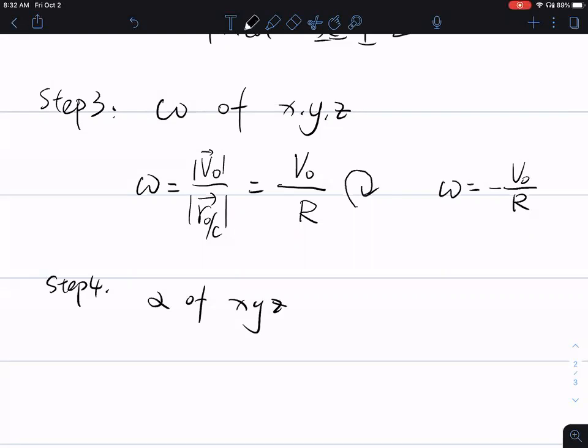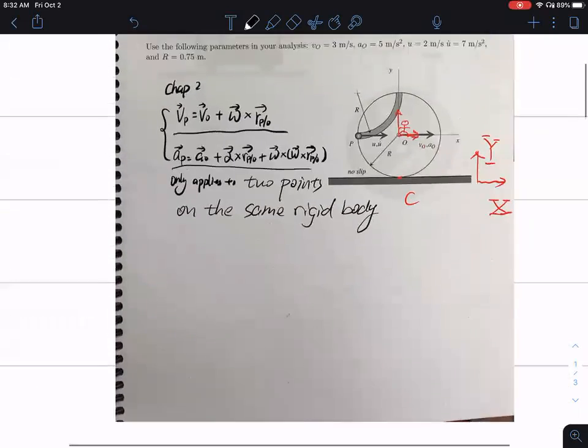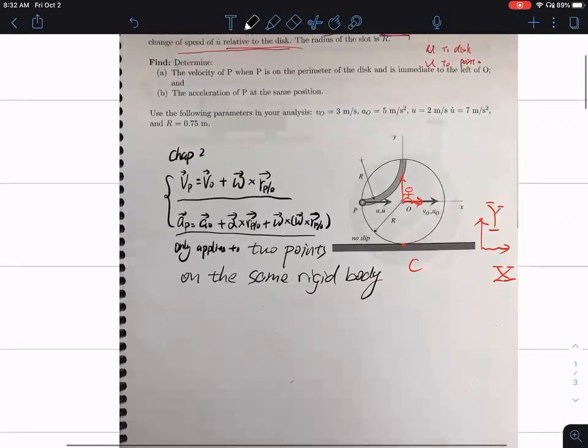Okay. Krista, how to find alpha? Krista, do you know how to find it? Alpha of little x, y, z.